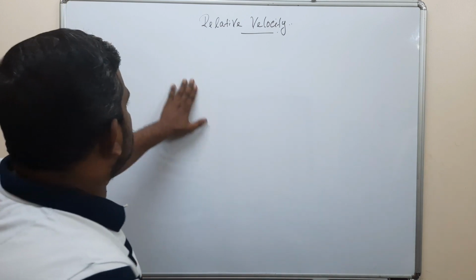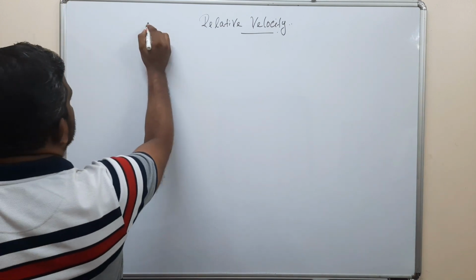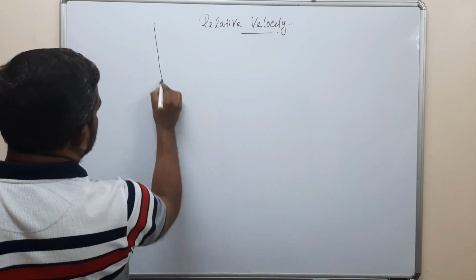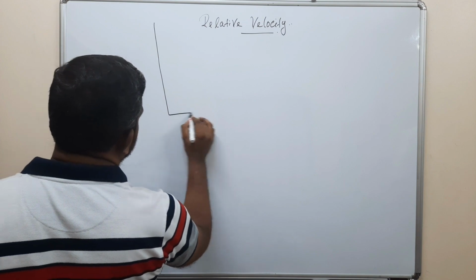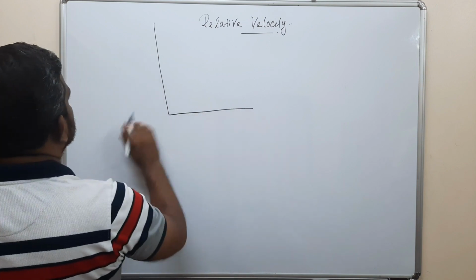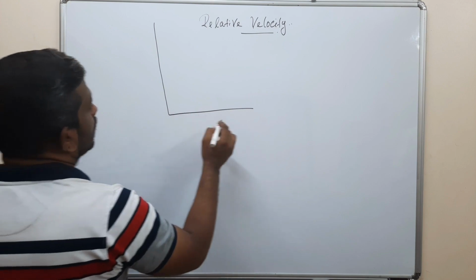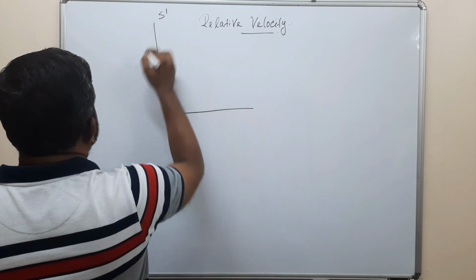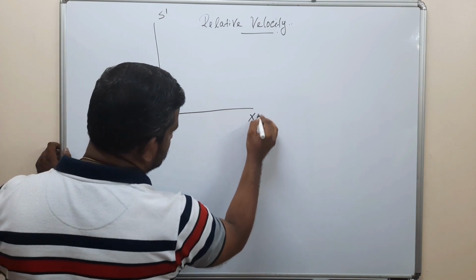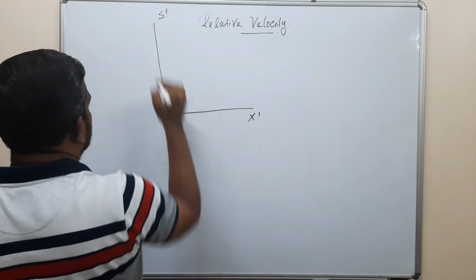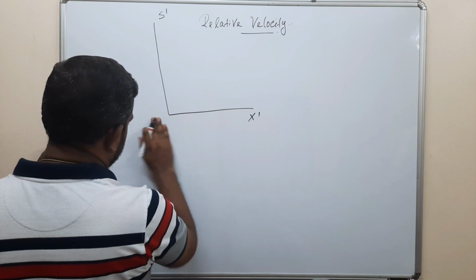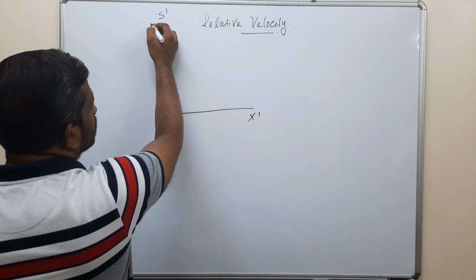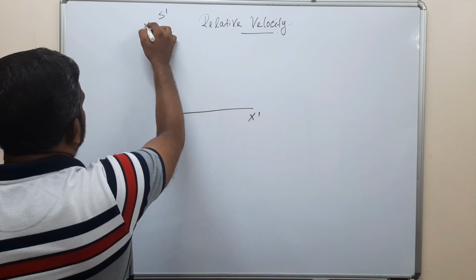So consider two frames. This is the S dash frame, okay, X dash, O dash, Y dash.